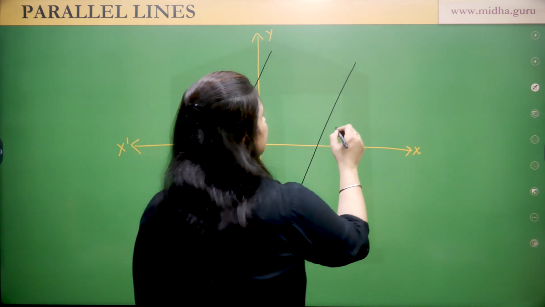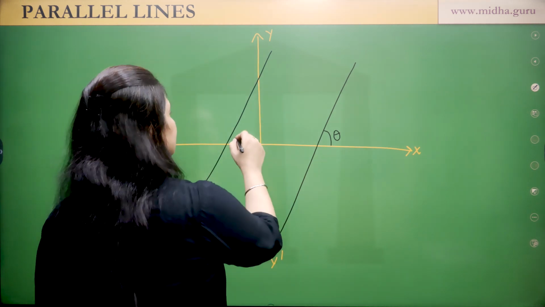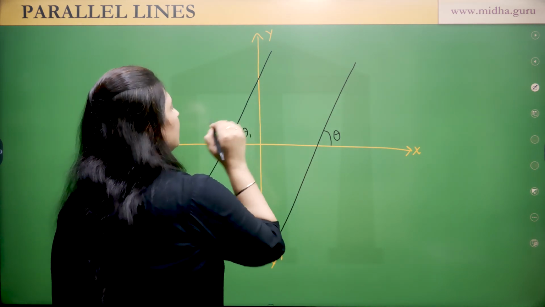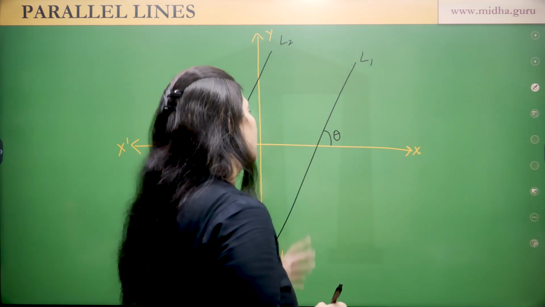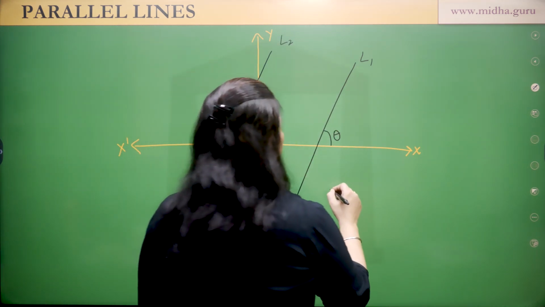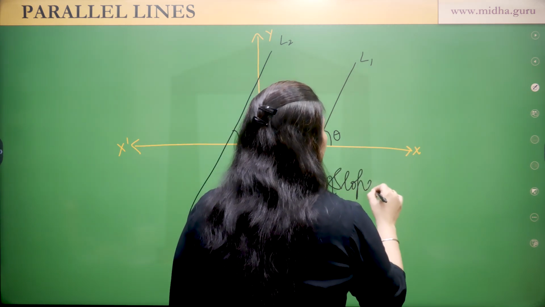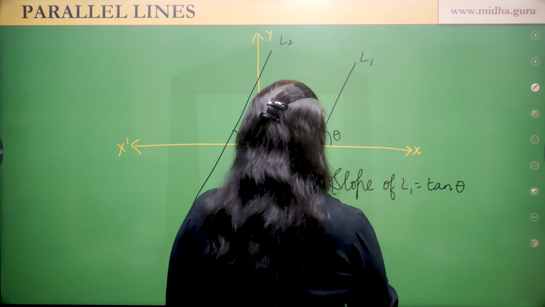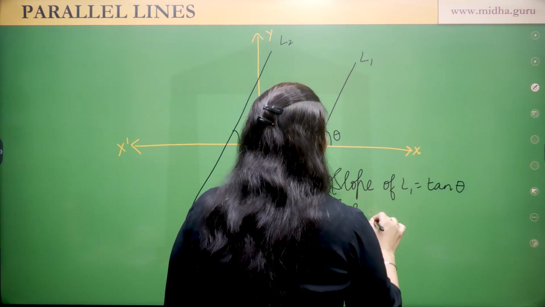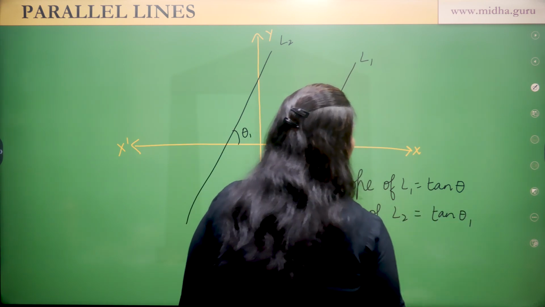Now, this is angle theta, and this is, suppose, theta 1. Name this as line 1, name this as line 2. Tell me the slope for line 1. The slope of line 1 is tan theta. And what will be the slope of line 2? The slope of line 2 will be tan theta 1.